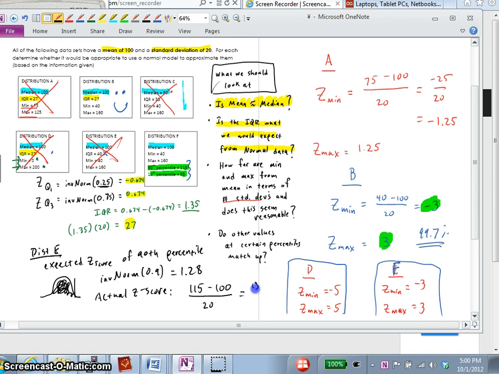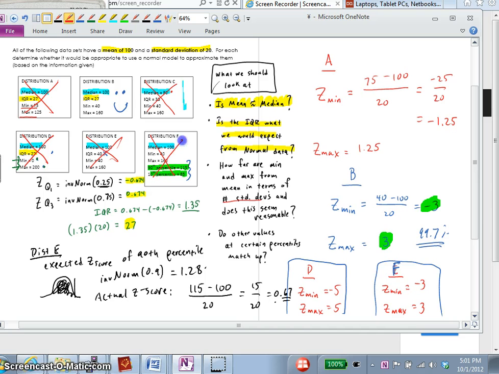So we get 15 over 20, which is about, well, 2/3, 0.67. That's the actual z-score. So what I can see is that the 90th percentile is much closer to the mean than it should be. It should be about 1.28 standard deviations from the mean, and it's actually 0.67 standard deviations. So that's knocking out distribution F.